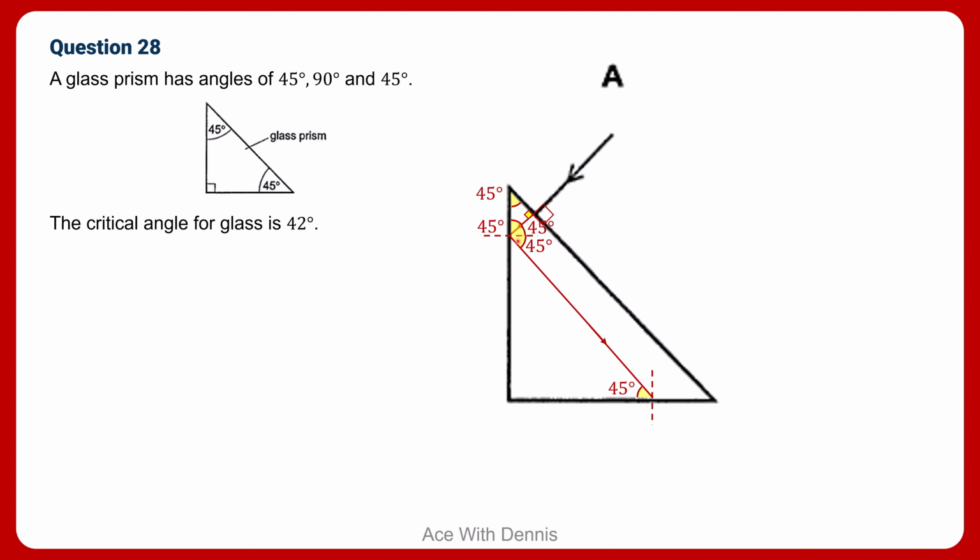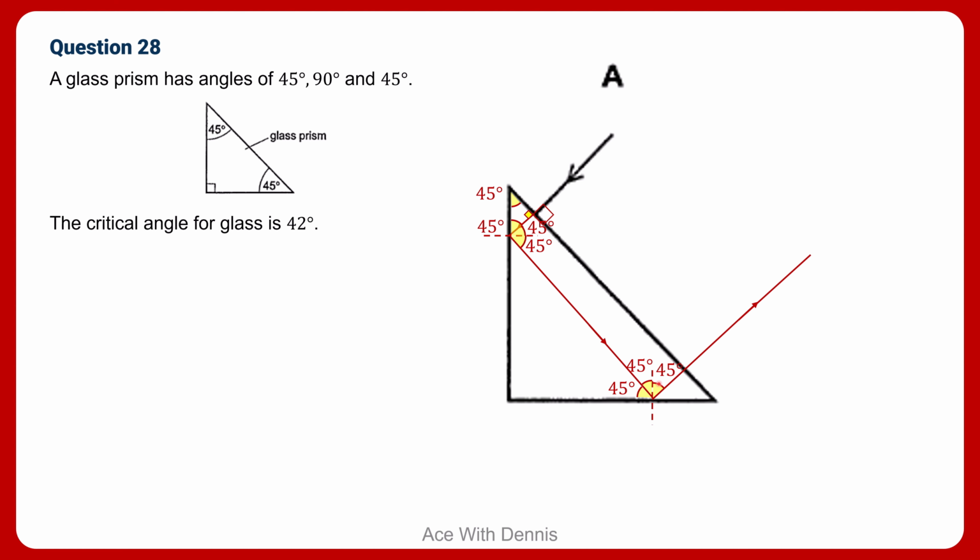So if this is 45 degrees, this is also 45 degrees. Now from here again, this is the incident angle for this ray. It is larger than the critical angle, which is 42 degrees. Hence, it will have total internal reflection. If this happens, that means the reflected angle will also be 45 degrees.